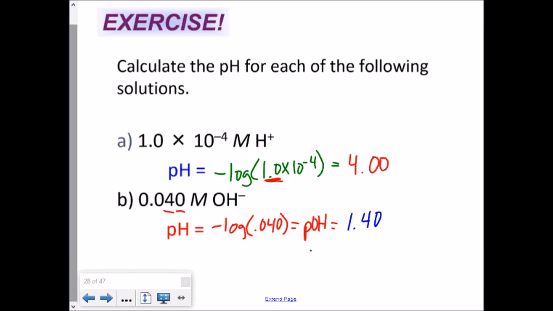Then you would use 14 equals the pH plus the pOH, so basically I do 14 minus that. And I'd end up with a pH of 12.60, keeping those 2 digits to the right for the sig figs, since this is telling me my sig figs, for the correct number of sig figs.